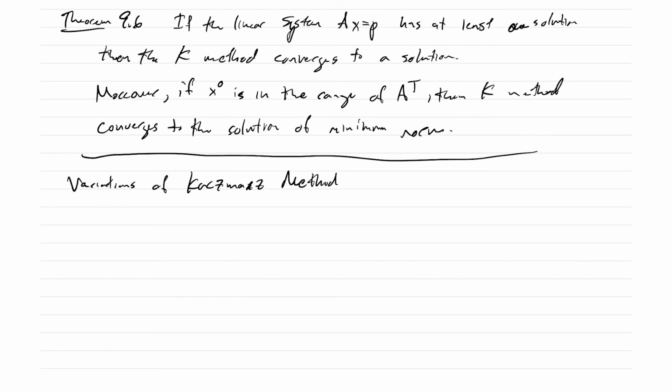Basically, for each j and k, we're going to let lambda sub jk be between 0 and 2, not including. And then you can replace the Kaczmarz method with this guy.